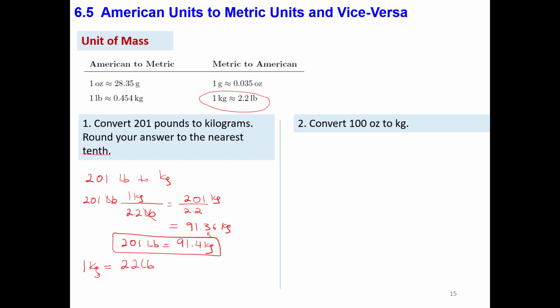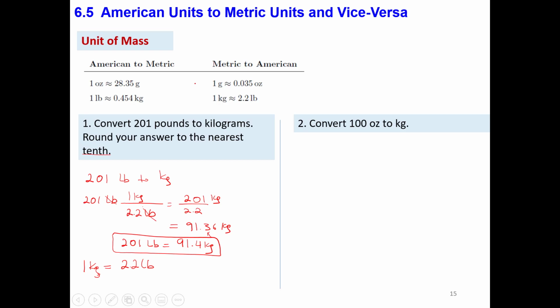Now we want to convert 100 ounces to kilograms. We can convert ounces into grams, yes. But we don't have a direct conversion factor from ounces to kilograms.